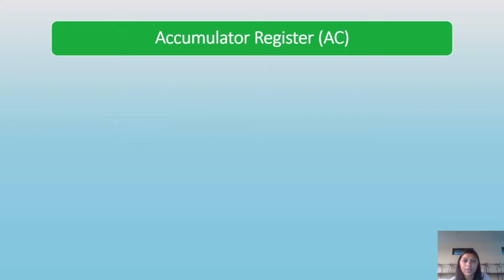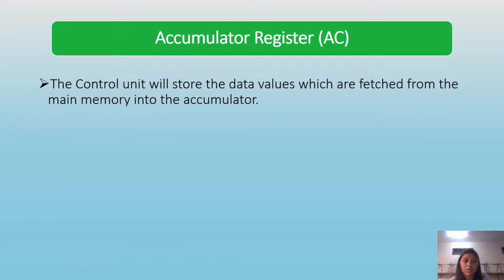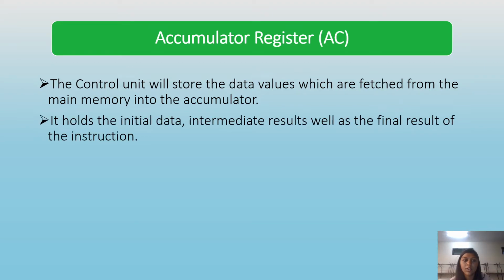An accumulator register. Accumulator register is a part of ALU. The control unit will store the data values which are fetched from the main memory into the accumulator for the arithmetic or any other logical operations. This register holds the initial data, intermediate result, as well as the final result of the instructions.